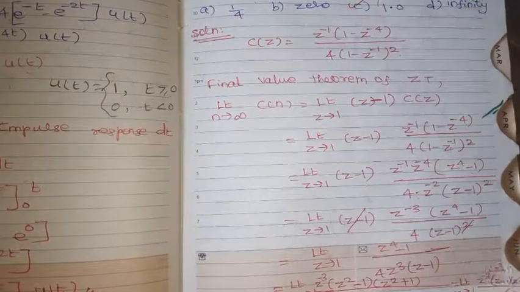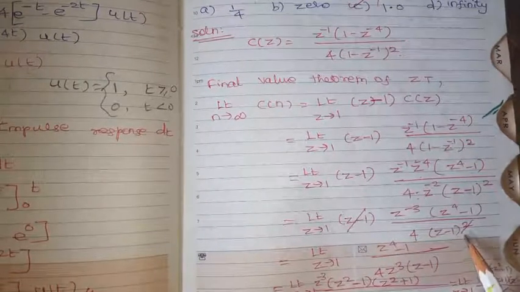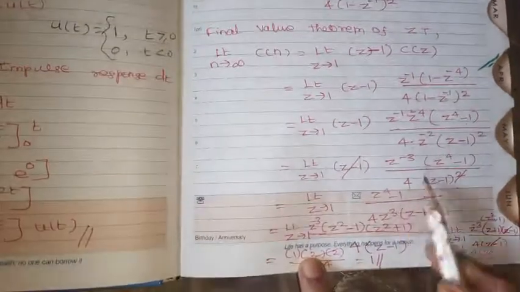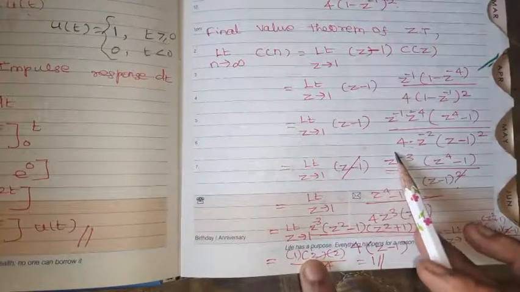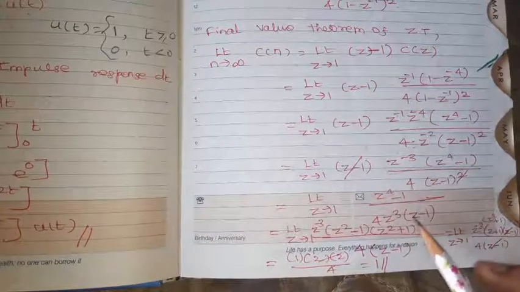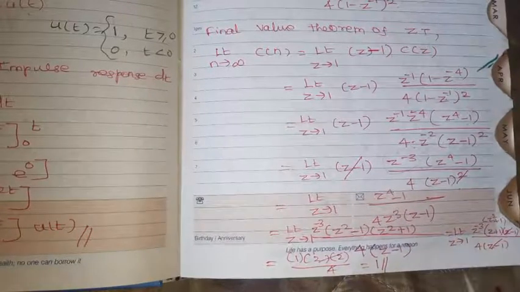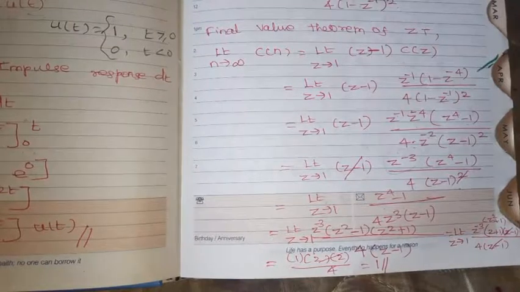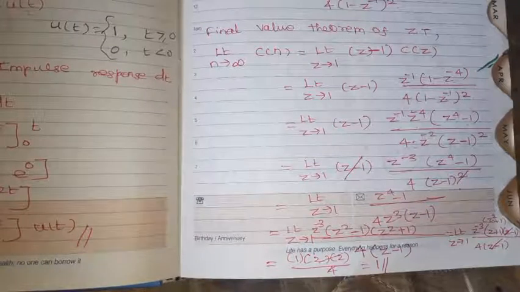So then (z minus 1) and (z minus 1) the whole square get cancelled. What we will get? Z power 4 minus 1. This z power 4 will go to the denominator, giving 4z cube into (z minus 1). So there is no negative power, all are positive powers. We have simplified.